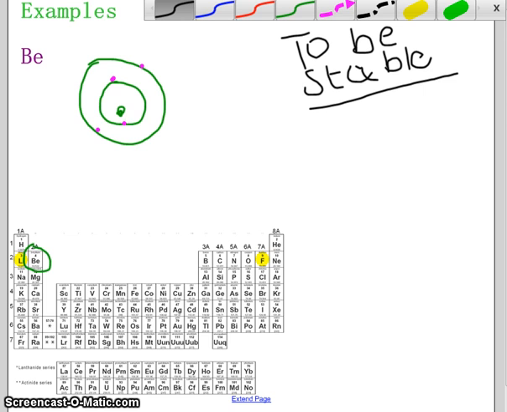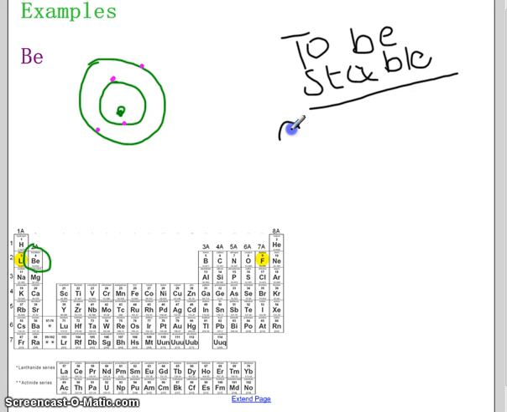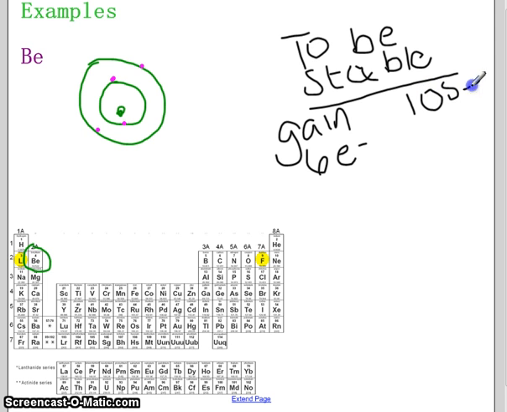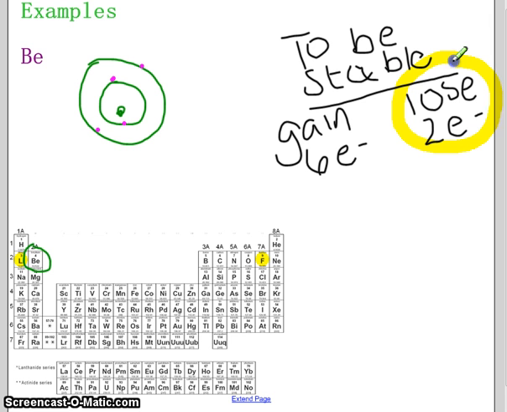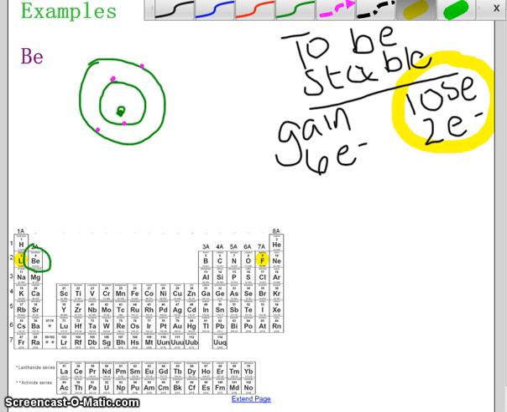So again, to be stable, we need to get to 8 valence electrons for a full shell. So we have 2 already. That would mean we would need to gain 6 electrons. The other option, since the first shell is already full, is we could lose 2 electrons. If we lose those 2 valence electrons, that first shell is already full. So the easiest bet would be just to lose those 2 electrons.